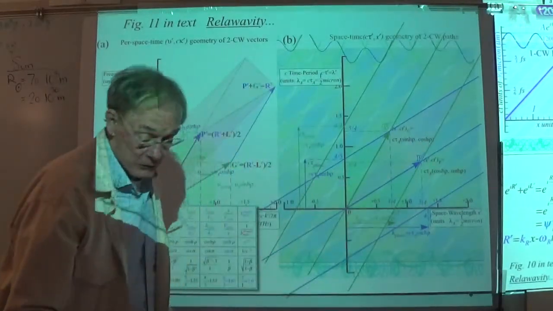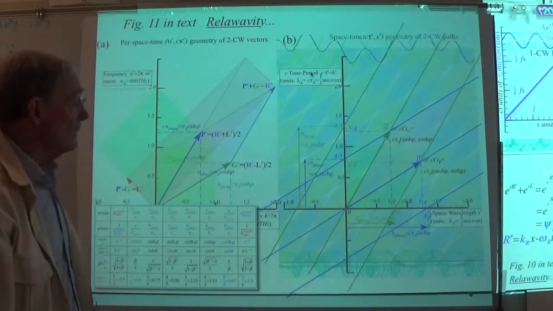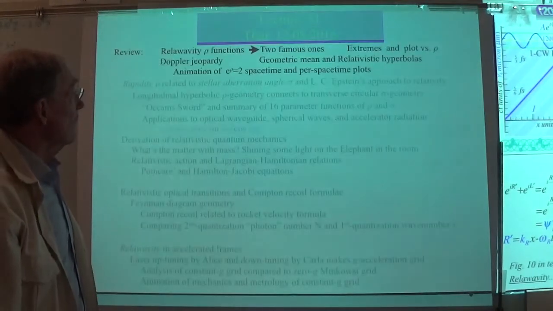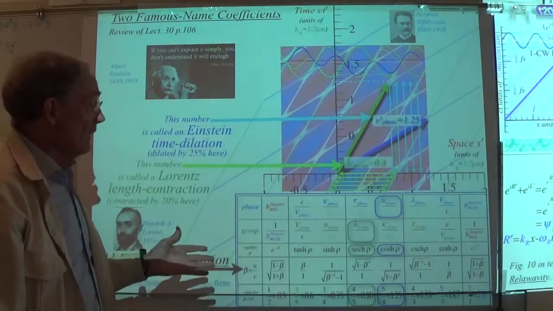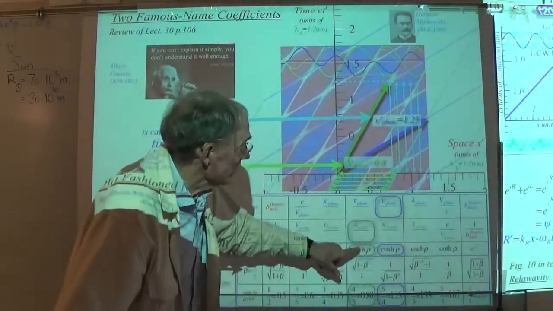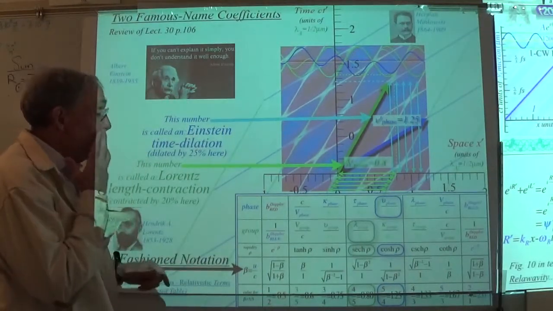And I mentioned at least one of those was a very important one in just the elementary study. Anyway, the two famous ones are cosh and sec. Sec being the contraction of length.